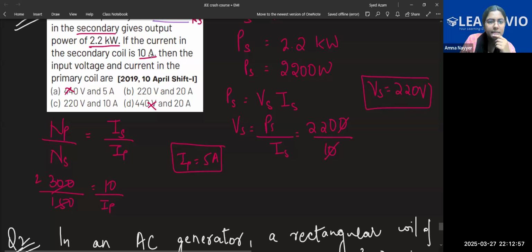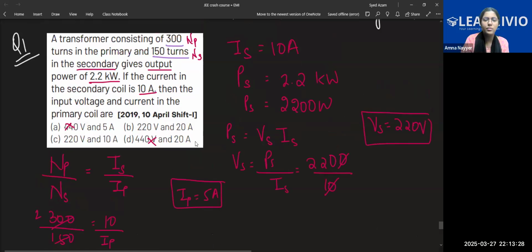Current in the secondary is 10, and primary is, so this will be 5 amperes only. So is there any error here? Power in the secondary gives output. I'll check the options again. Answer will be this only, because see, the calculations are this. Just check again. Let me check the answer to this question. Please write it, and check if there is any calculation error or not.